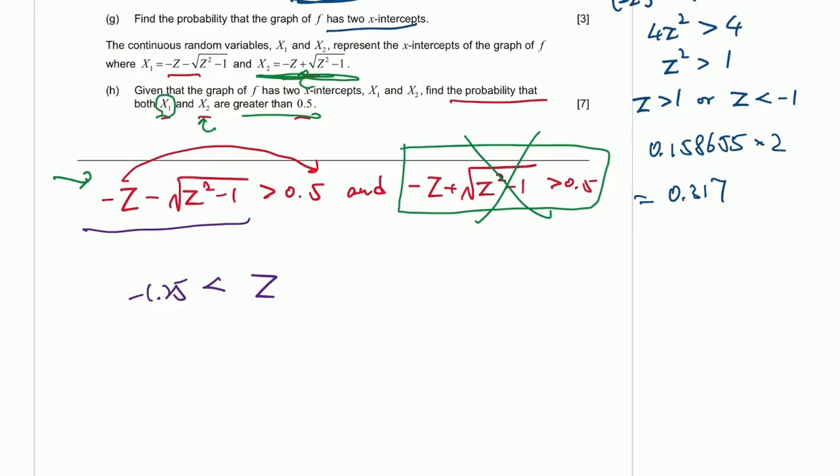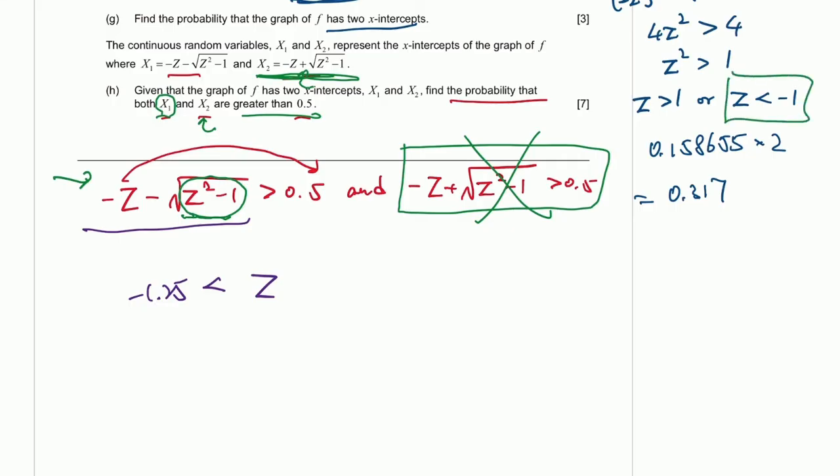But we still have to be careful with this, right? If z is too big, for example, if z is only negative 0.5, then z squared minus 1 will be negative. Alright. So I think we need this as well.